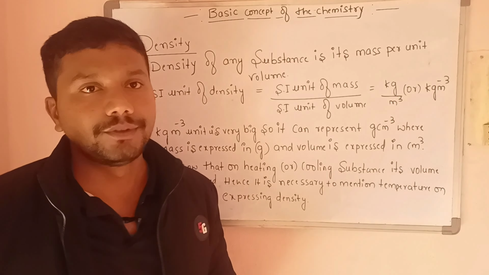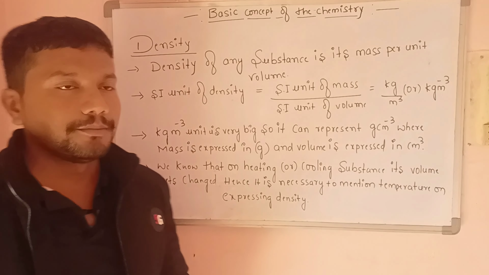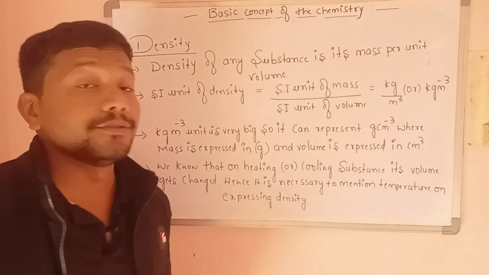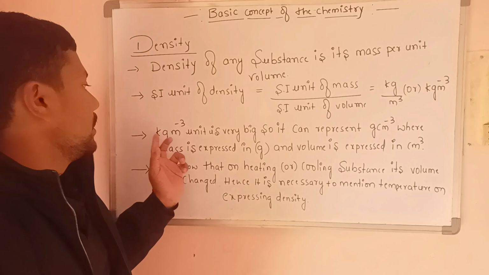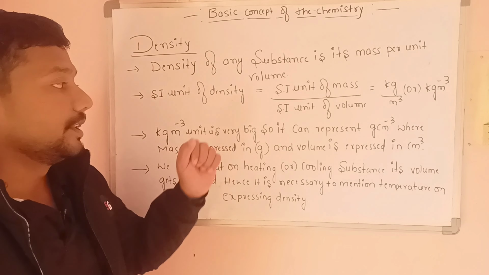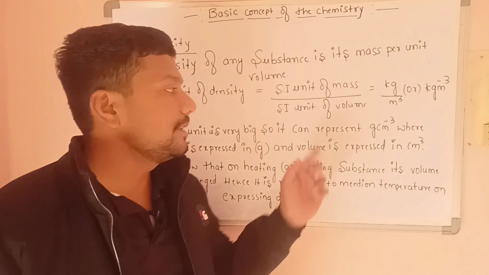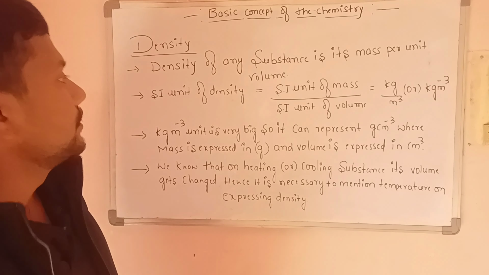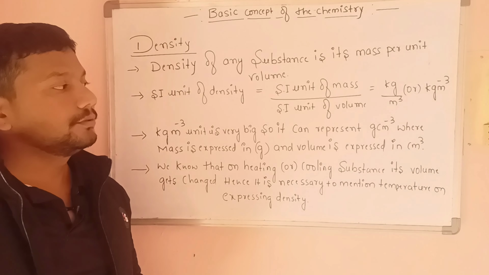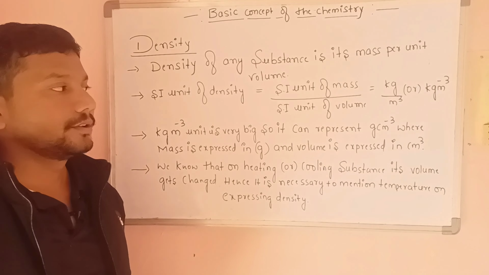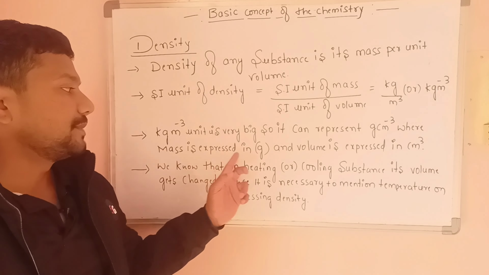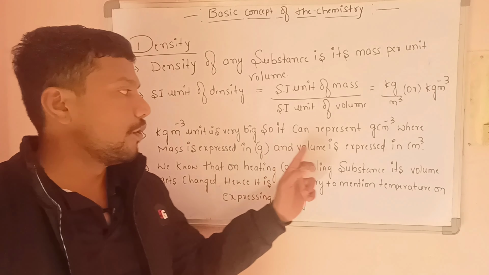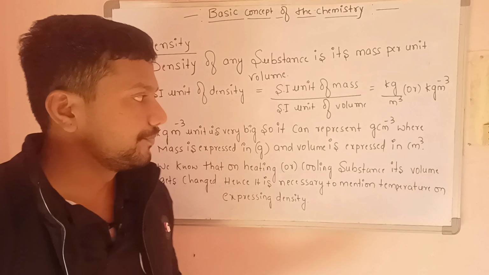This is the unit of density, but this unit is very big, so we have to make it smaller. The kg per meter cube unit is very big, so it can be represented as gram per centimeter cube, where mass is expressed in gram and volume is expressed in centimeter cube.